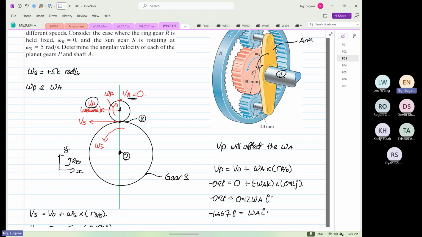So negative means it's going in a clockwise direction. Okay, it's correct. I assumed clockwise direction now: K cross J is negative, and negative is positive. This is correct, right?